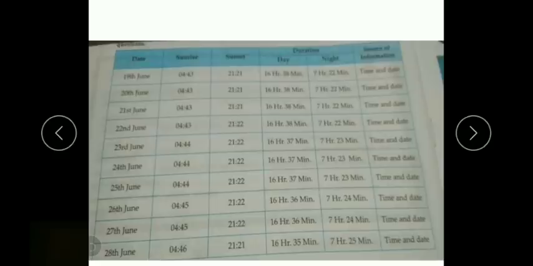You can see 19 June, 20 June, 21st June, 22nd June, sunrise 4:43. But on 23rd, 24th and 25th June, it varies, and it goes on till 28th June. Now see the sunset timing. When you know the sunrise and the sunset, you can find the difference.